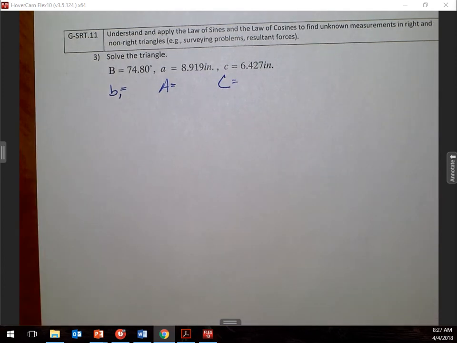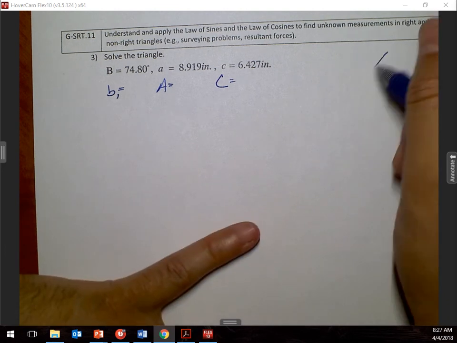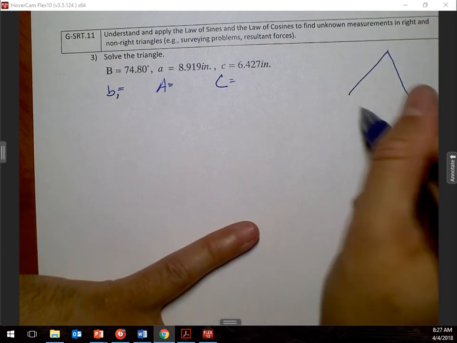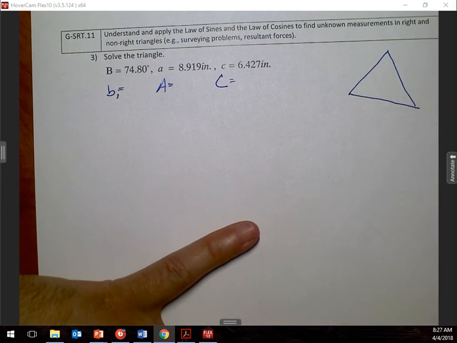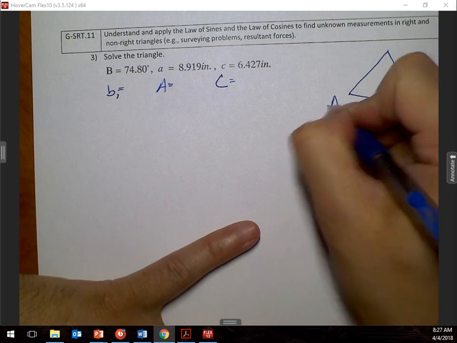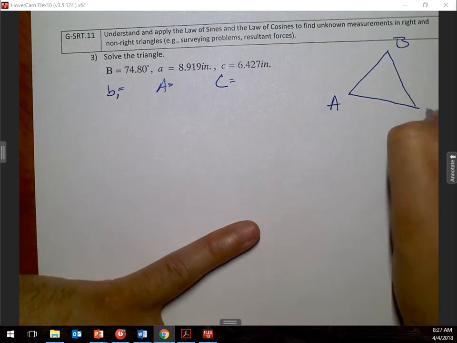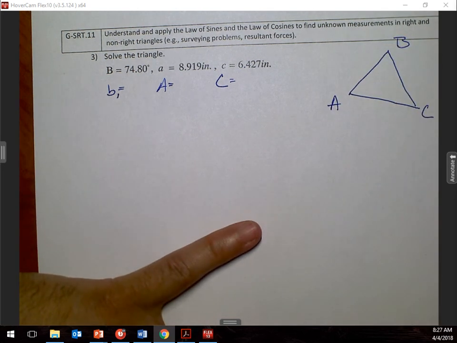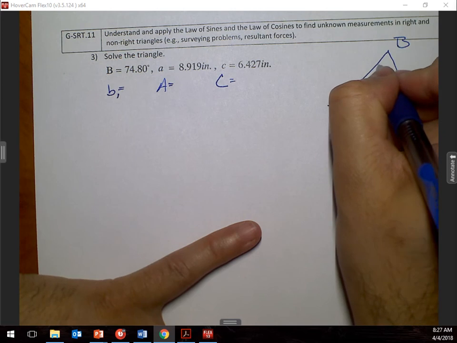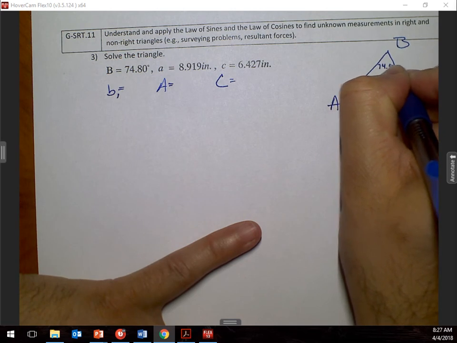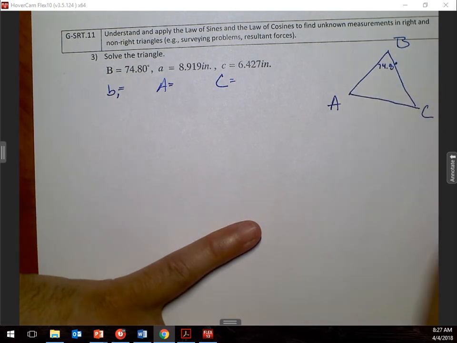All right, so the first thing is draw a triangle to see what I have. Step one is draw a triangle. So, 74.8 degrees.